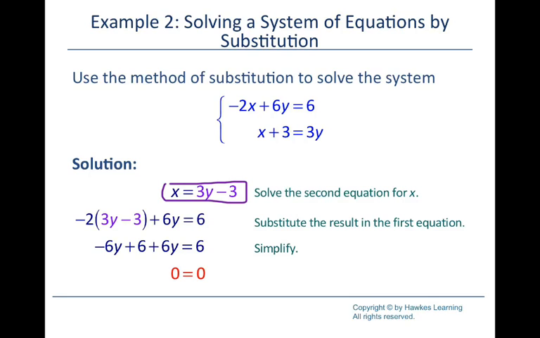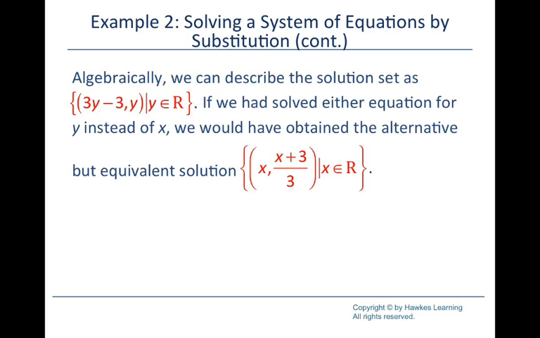When we put it as a point, it's 3y minus 3, y, and y is an element of the real numbers. Or if you solve for y first, you'd have y equal to x plus 3 over 3, and x is an element of R.